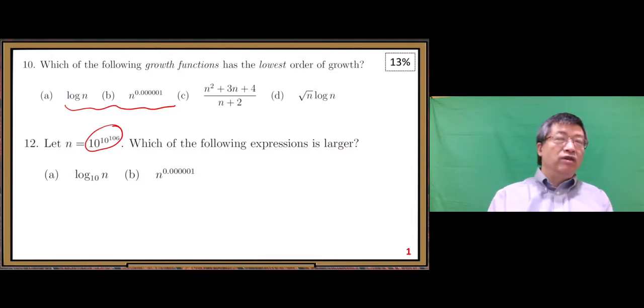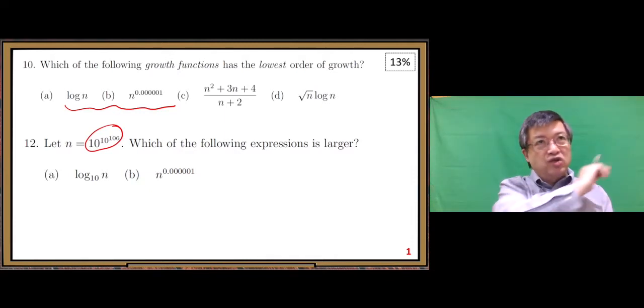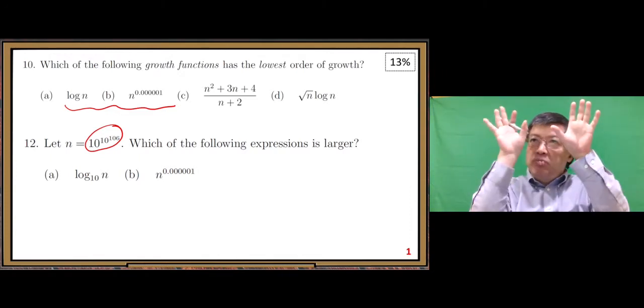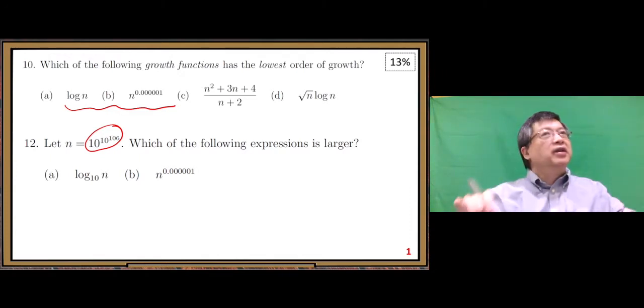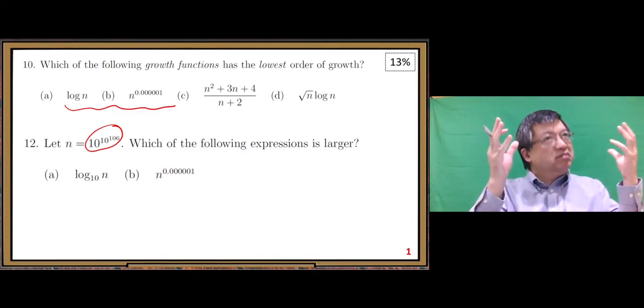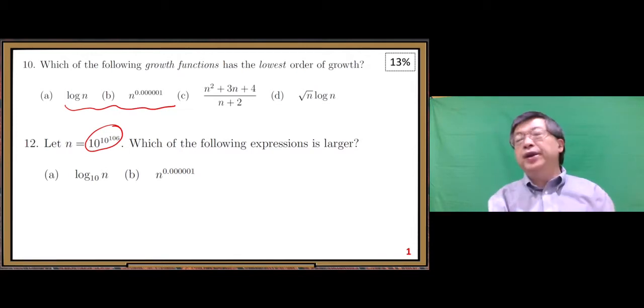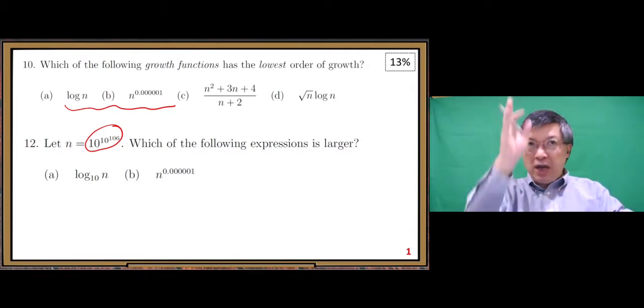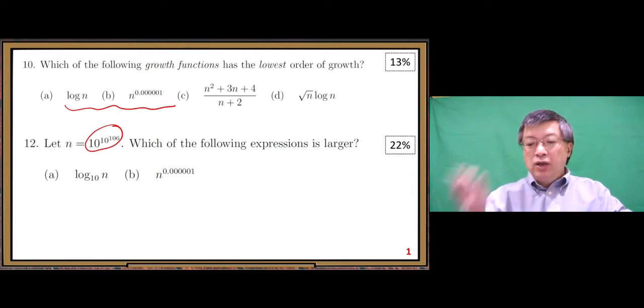We know that in the long run the second one beats the first one, but here I want you to try a specific big number and determine which one is greater. So you need to do some calculation.